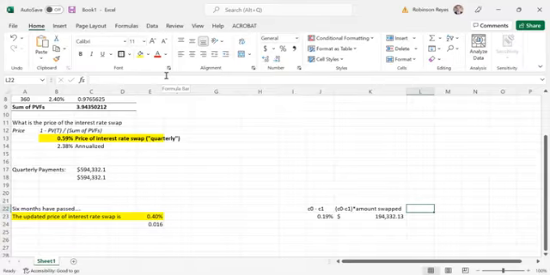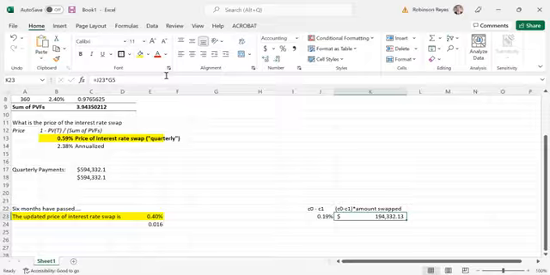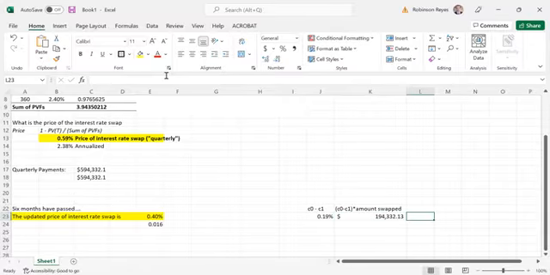But there is one little detail. We need to acknowledge that the cash flows, this difference, we are happy to get $194,000 more. Some of these quarters are happening later on in time, and therefore we need to discount them. We need to bring them to present value. So how can we do that?